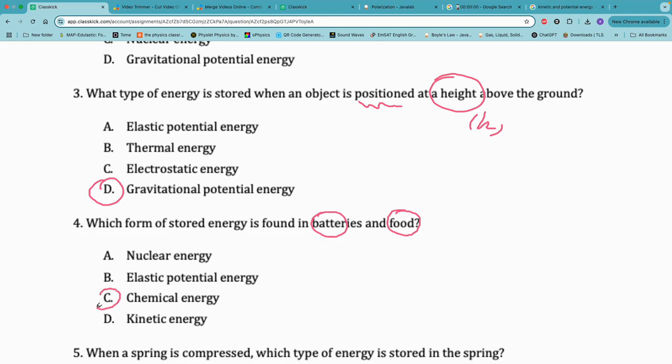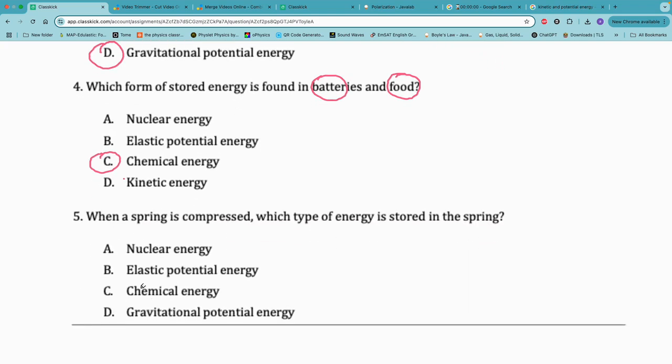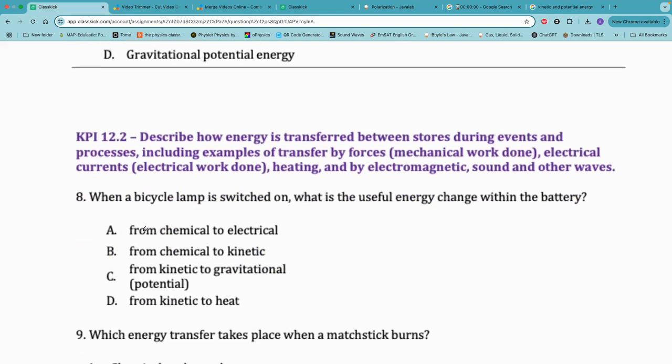So chemical energy. When a spring is compressed or stretched, what type of energy is stored? Automatically you go for elastic potential energy.